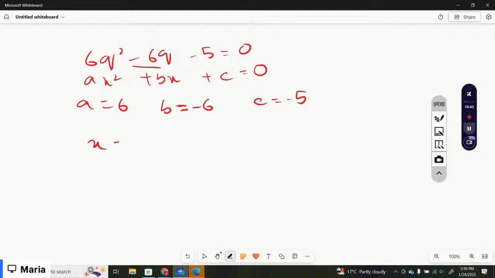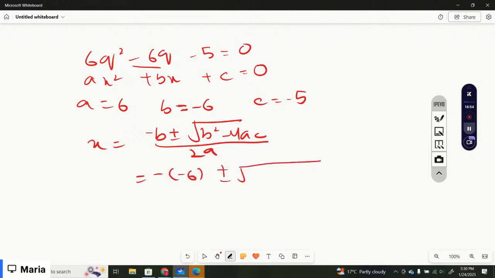That is x equals minus b plus minus square root b square minus 4ac divided by 2a. So you have minus minus 6 plus minus square root of -6 square minus 4 times 6 times c is -5, divided by 2 times a, which is 6.